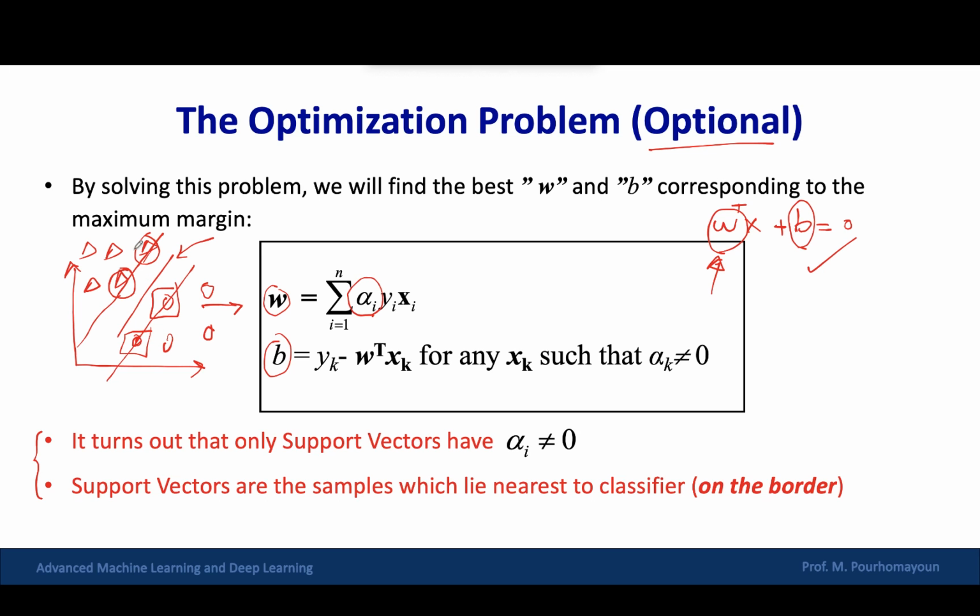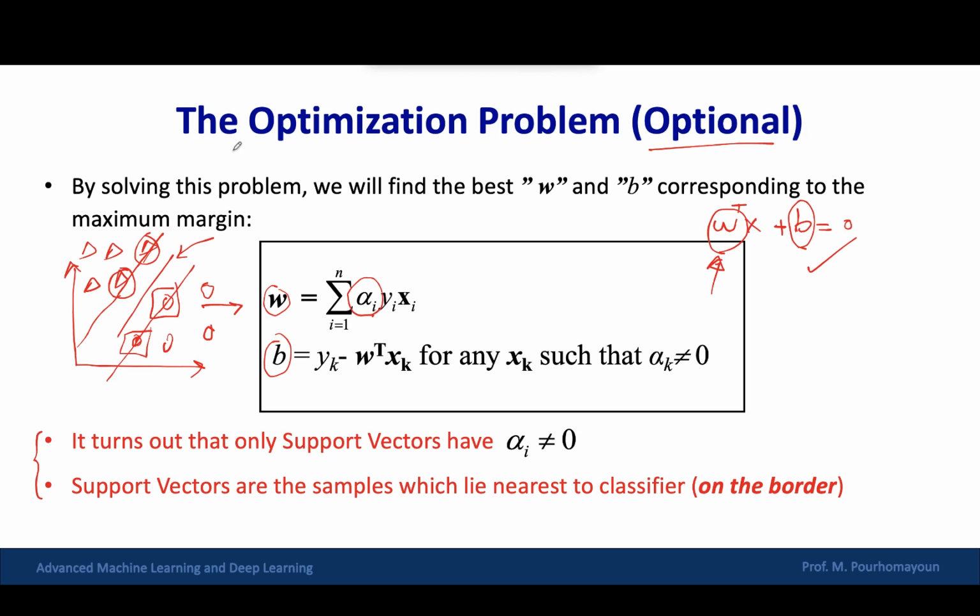But the problem is that we don't know which one of them are support vectors, in fact. So we need to try all of the samples to see which one is support vectors. And this is the problem of solving SVM equations. Finding the line means figuring out which one of these samples are support vectors in your training data. So this is our training data. We have hundreds of samples.